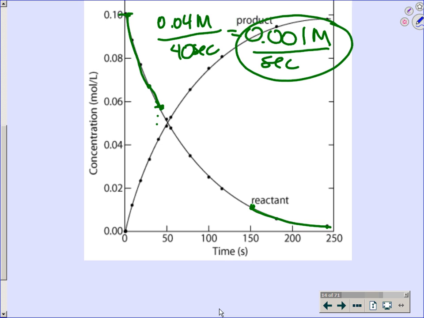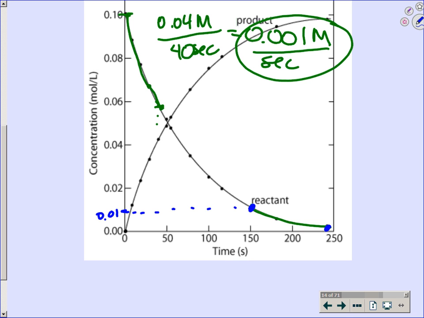Okay, do the same thing down here. Do this in your group though, because I'm not your math wizard. You can do this. This is a really rough estimation, guys. All right, so what's the change down here?